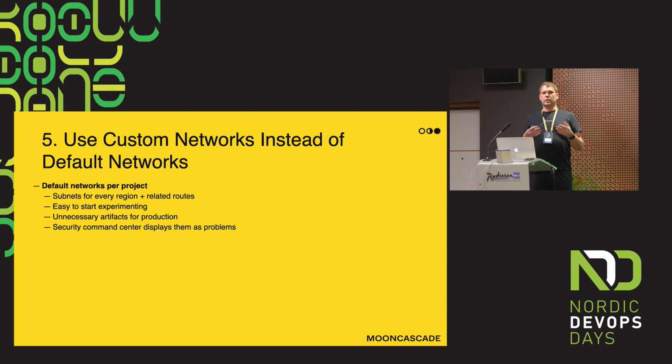It helps you get started quickly, get to know the platform, experiment, get things working, and so on. But for a production environment, it creates a bunch of unnecessary artifacts. If you need to run your stuff only in one region, then you actually don't need all those other subnets. Or maybe, if you get more advanced, you want a different network setup altogether in your projects.